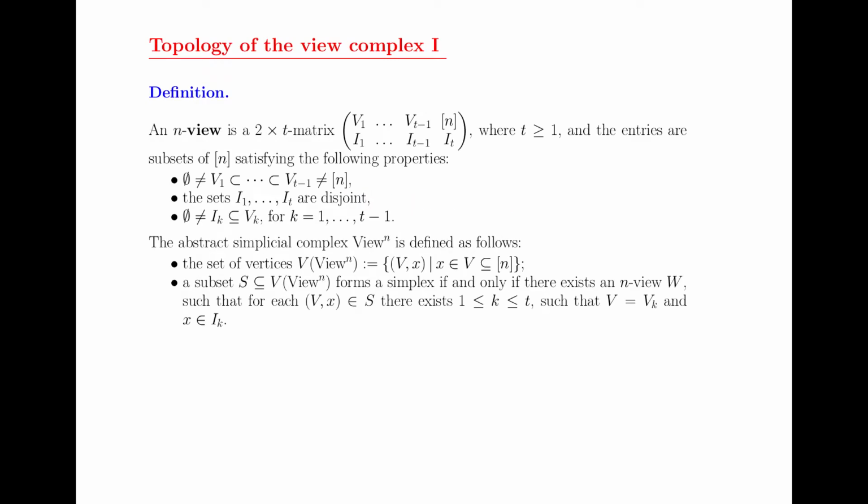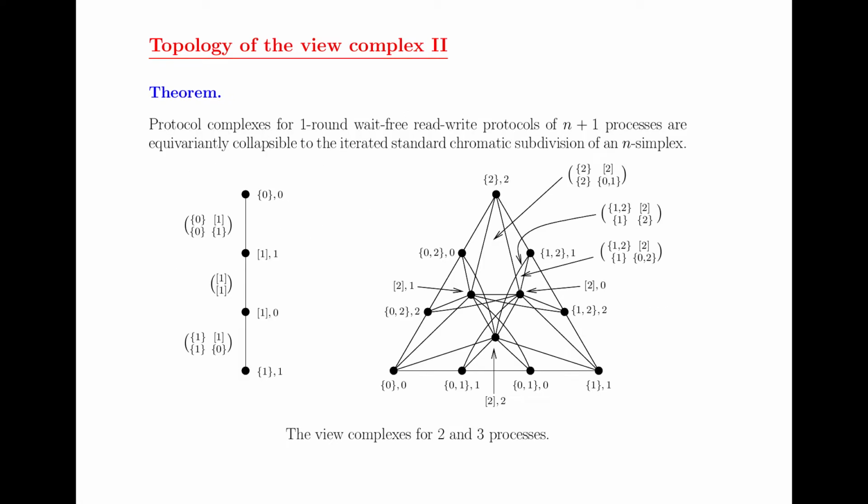For example, if you skip the condition of being layered, and you just say they execute, we don't require them to execute in rounds, there will be a much more complicated description of the simplices. You can still get a combinatorial description, you can always do that, but it will be increasingly complex, and the topological pictures will become more complex.